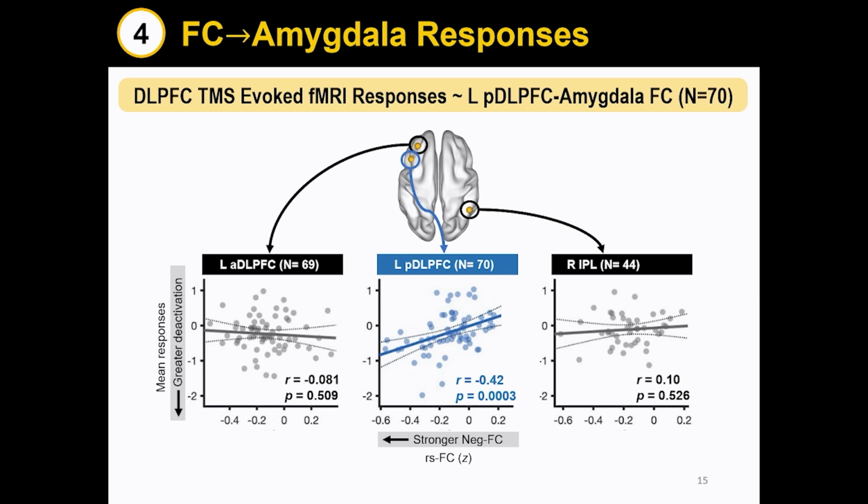Surprisingly, we see that only the posterior DLPFC TMS evoked fMRI responses in the amygdala were significantly correlated with the functional connectivity. This was not seen in the other two stimulation sites.